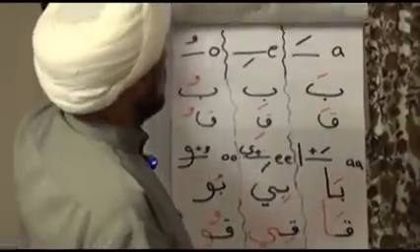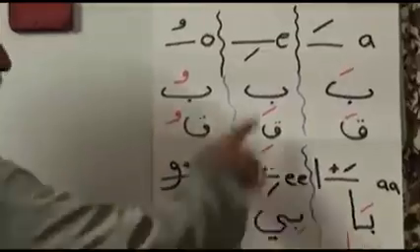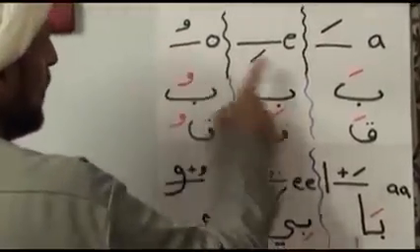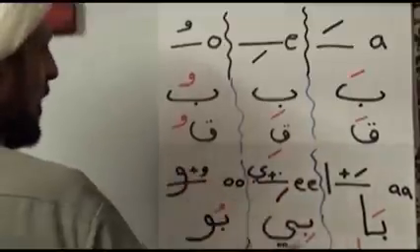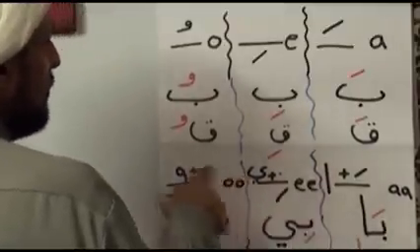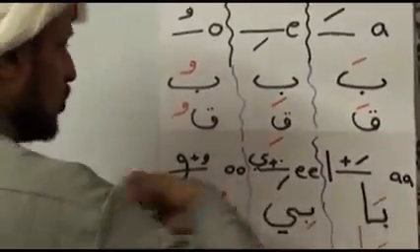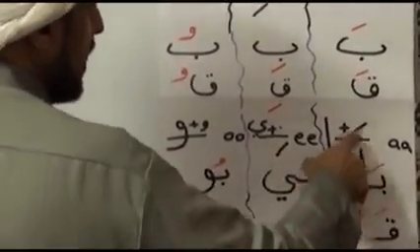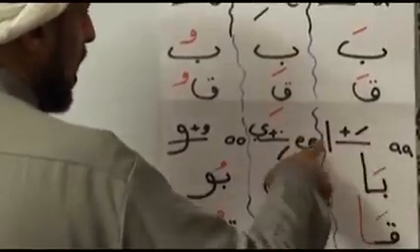And then we started taking signs. We have three vowel signs: a, i, u. Ba, bi, bu, qa, qi, qu. And then we have three vowel letters. With vowel signs, they become longer vowels. Fatha, an a sign with alif becomes a.